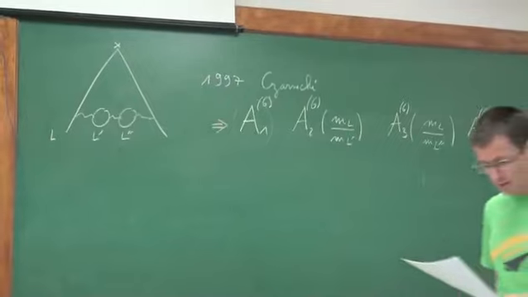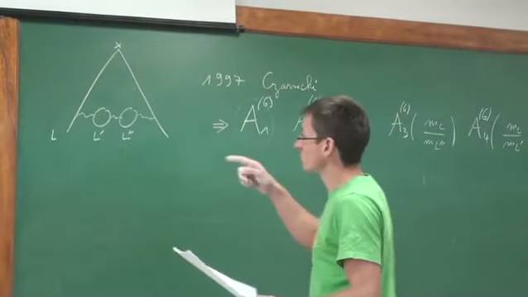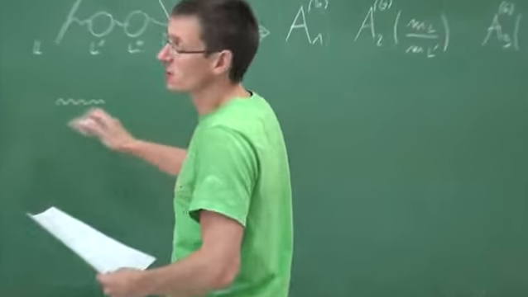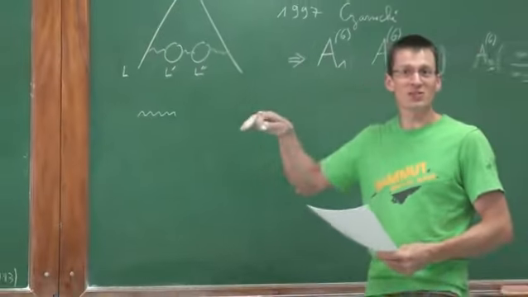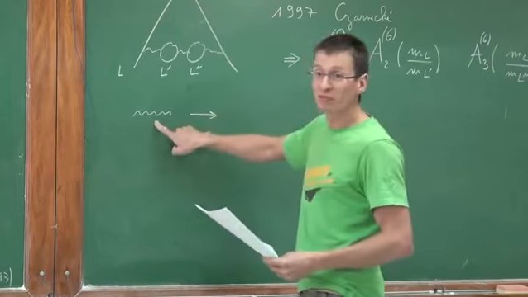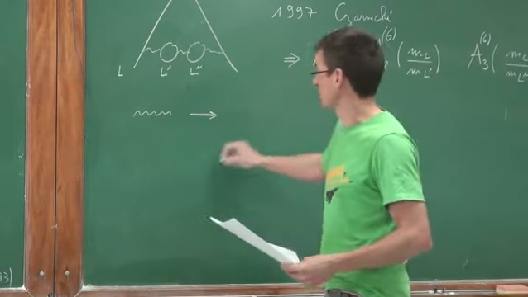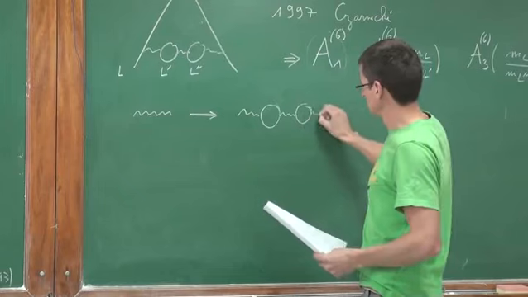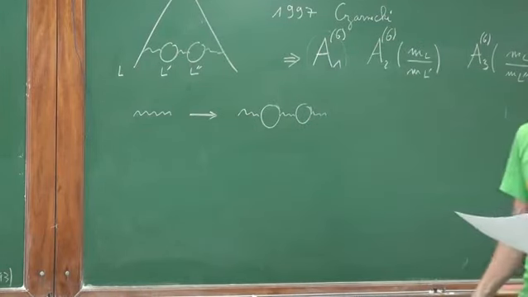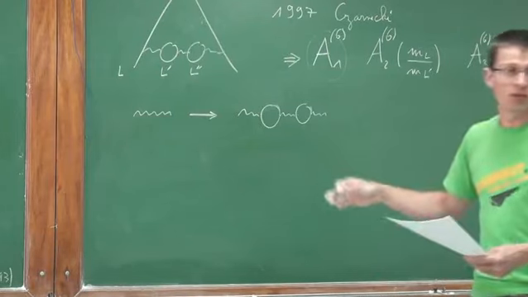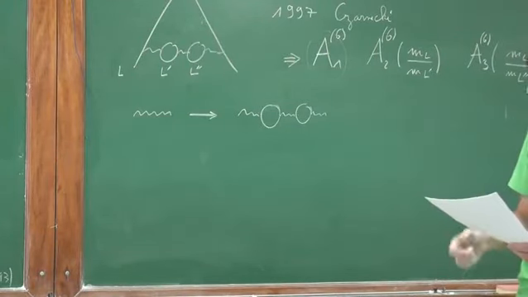So as in the two-loop case, we will replace in our one-loop calculation in the Feynman gauge the free photon propagator by this one. This is a bit more complicated than what we did.